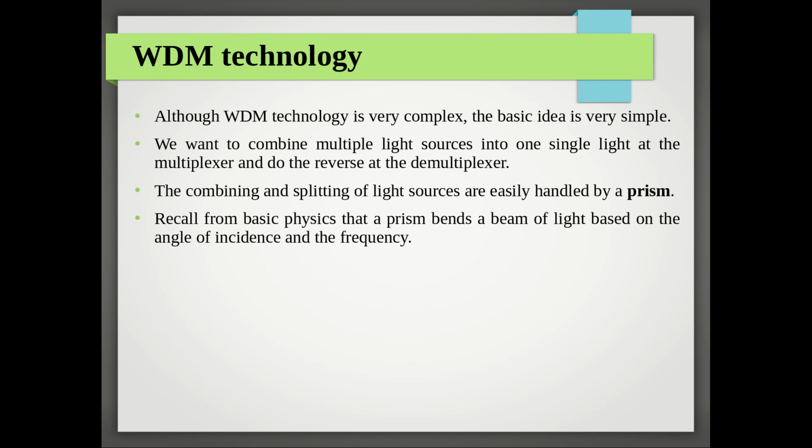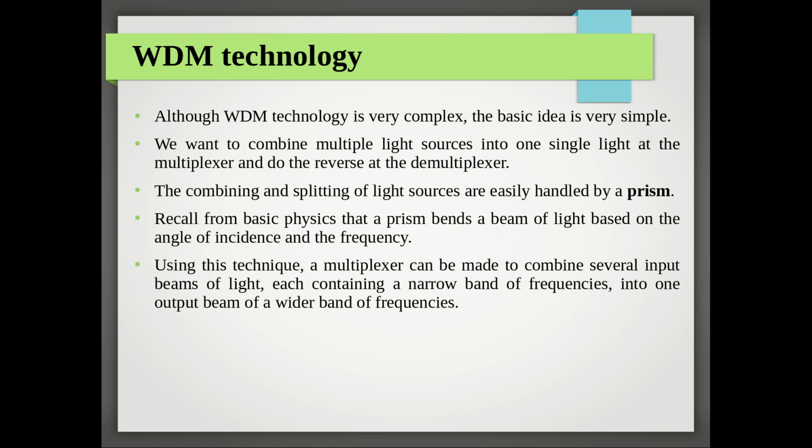Normally your signal is incident on the prism with some angle with respect to the normal. Proportional to that angle of incidence and the frequency, it will bend the signal to a different angle.